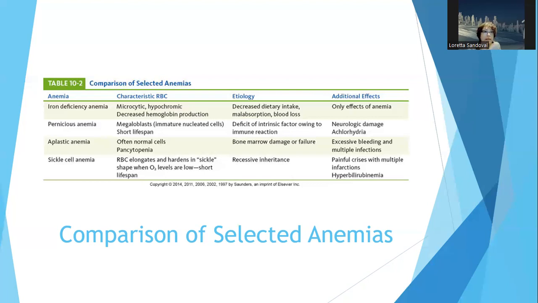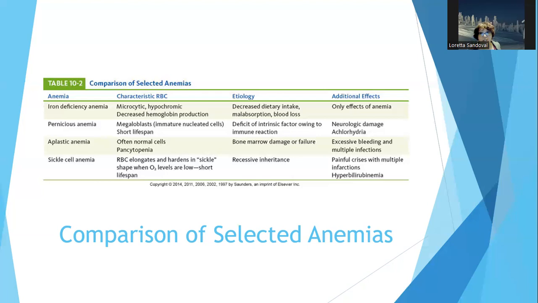Iron deficiency anemia has the classic, and all of these have the classic anemia effects: pallor, fatigue, dyspnea, tachycardia. In addition to that, pernicious anemia also can have neurological damage and achlorhydria, which is decrease of the hydrochloric acid production in the stomach.